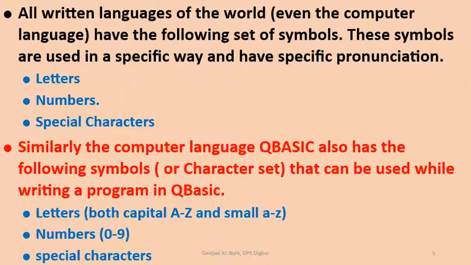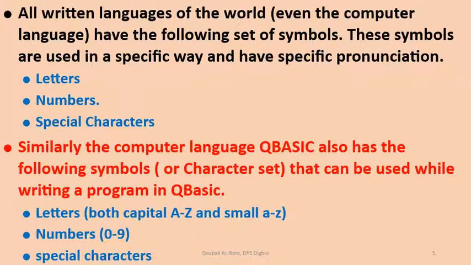The symbols can be categorized as letters, numbers, and special characters. Similarly, the computer language QBasic also has the following symbols or character sets that can be used while writing a program in QBasic. That is letters, both capital A to Z and small a to z, numbers 0 to 9, and special characters.